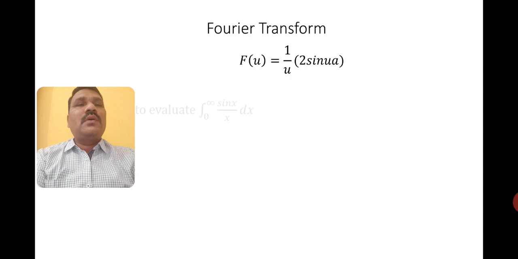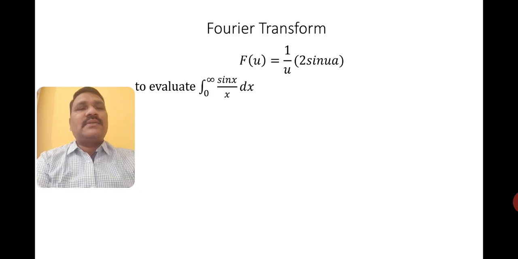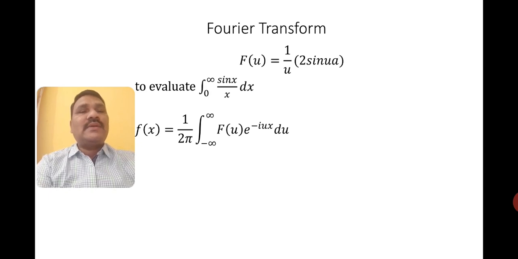Now to evaluate integral 0 to infinity sin x by x dx, we know that f of x is equal to 1 by 2 pi integral minus infinity to plus infinity F of u e to the power minus iux du. You already calculated what capital F of u is.